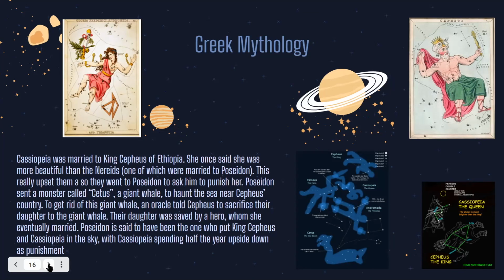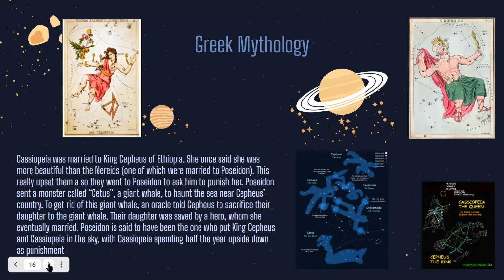And so Poseidon put King Cepheus and Cassiopeia in the sky. We mentioned earlier how Cassiopeia is inverted for a lot of the year, and that is because it's an extra punishment, since she's hanging upside down in the sky.